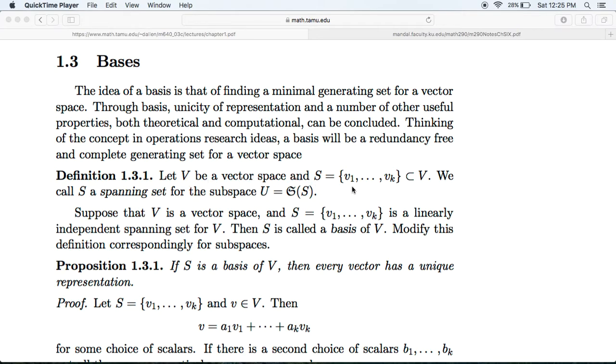Let V be a vector space and S a subset of V. We call this S a spanning set for this subspace U if the span of S gives me the whole subspace U, and if the span of S gives me the whole space V such that S is also linearly independent, then S is a basis of V. So a basis is a subset of a vector space which spans V and which also is linearly independent.